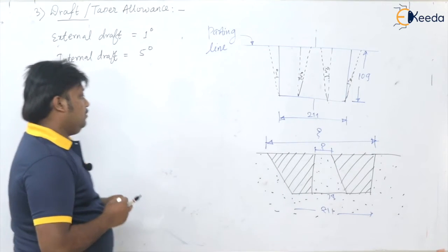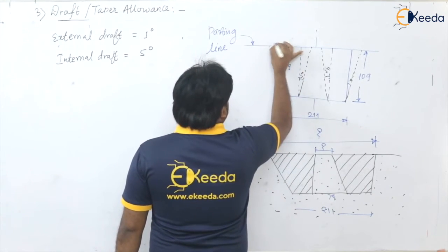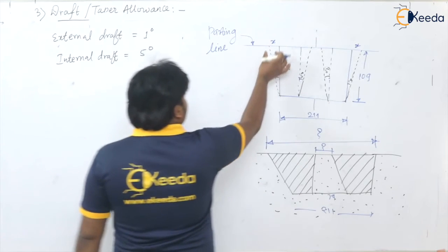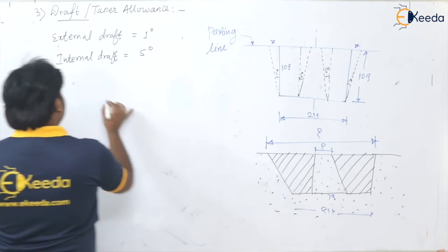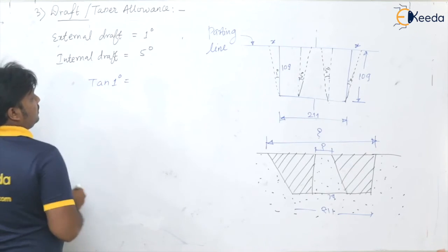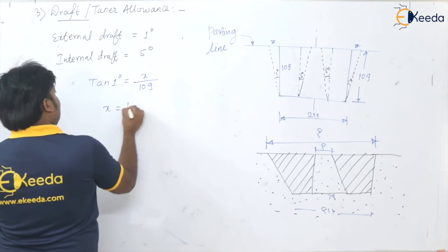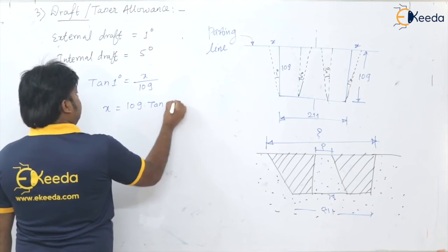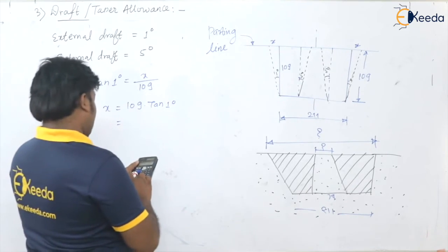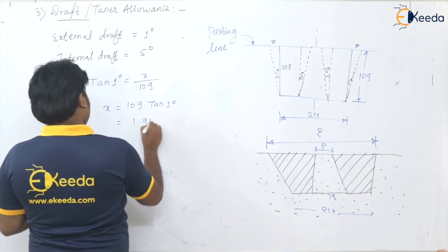Now let us calculate. This is 109, say this is the value x, and this is also x, so we need to determine the x value here. Tan of 1 degree is x divided by 109. So x is equal to 109 times tan of 1 degree. Students, please calculate. It is 1.90.